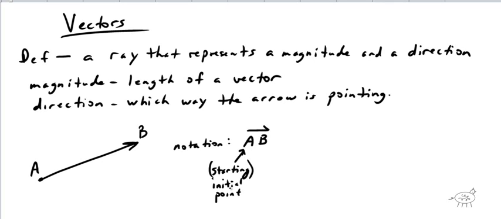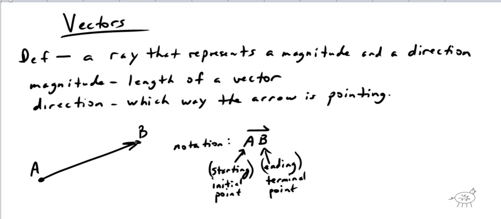That's more mathematically correct. And B is our ending point, which is really called our terminal point. A has to be first. That's where you start, the start of the arrow, and the end has a dot at the end too. It doesn't keep going. It actually ends at B. That's why it has a length.